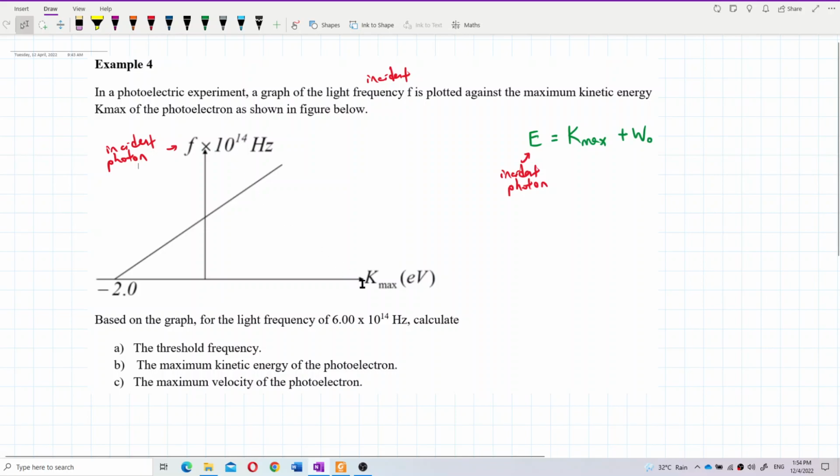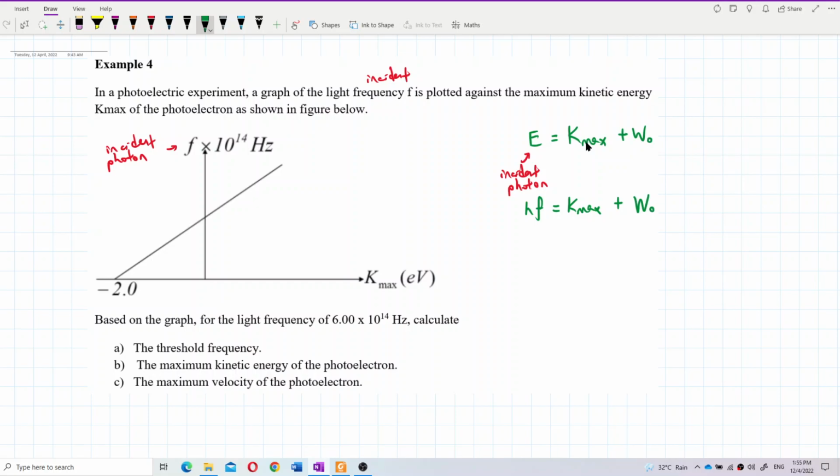Okay, so we need to rearrange the equation. The energy of the incident photon is also equal to hf, equal to Kmax plus work function. Let us just maintain it as work function.